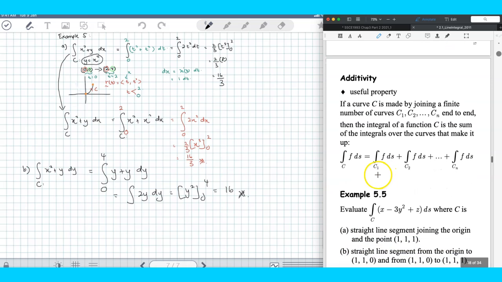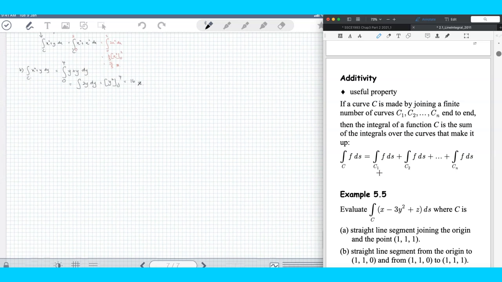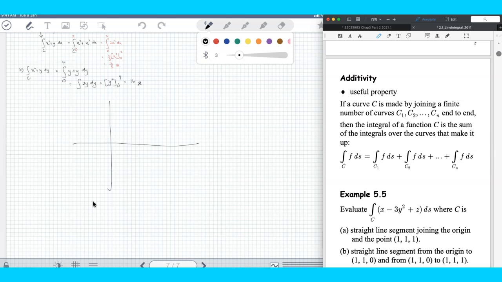Okay, so there is a useful property, which is additivity. Let's say a curve is made by joining a finite number of curves end to end. Then the integral of the function along the curve C is the sum of the integrals over the curves that make it up. For example, your curve is given by the combination of many lines.